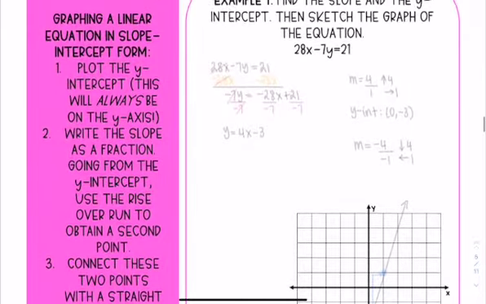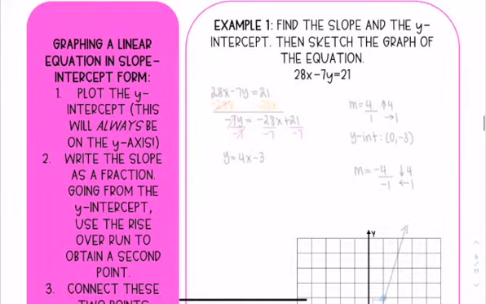So we have 28x minus 7y equals 21. We need to find the slope and the y-intercept and then sketch the graph of the equation. So we need to solve for y. So let's go ahead and subtract 28x from both sides.